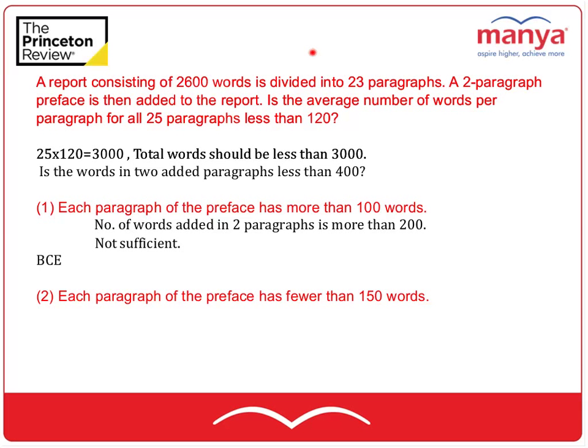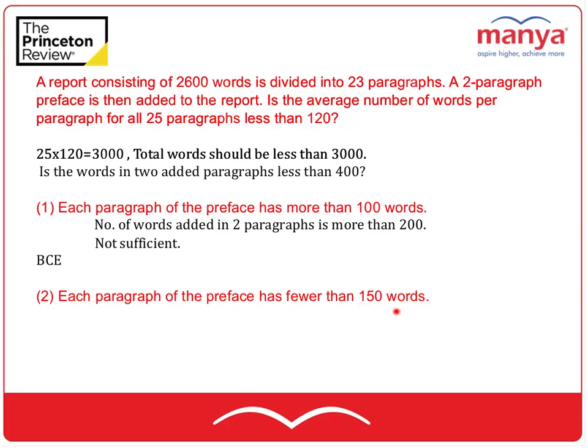Can you type in? Yes, Siva, why are you feeling it is no? When I say fewer than 150 words, that means definitely the two paragraphs together are going to have words less than 300. Right? So less than 300 is nothing but less than 400.